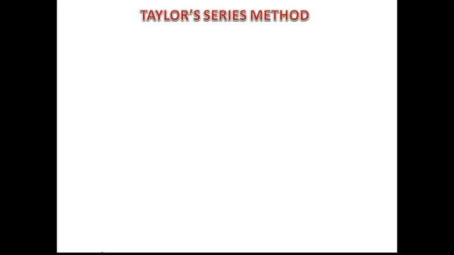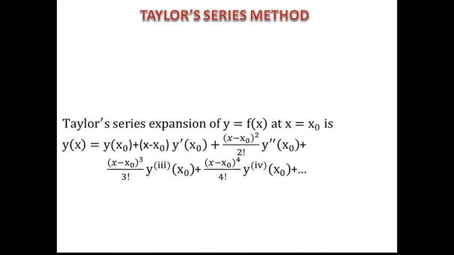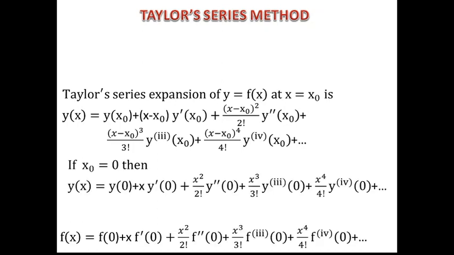So, let us see what the Taylor series method is. We will consider a first order differential equation, say dy by dx is equal to f of x, y, with y of x naught equal to y naught.